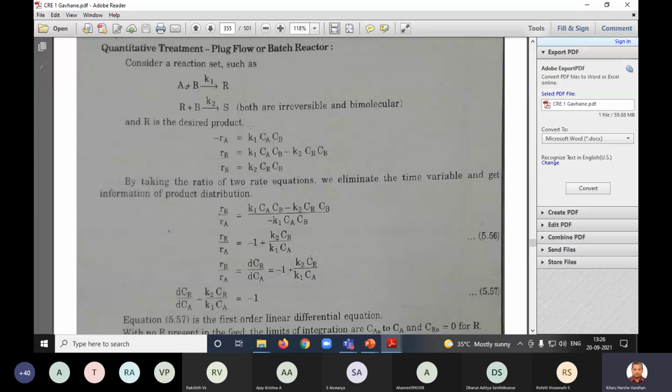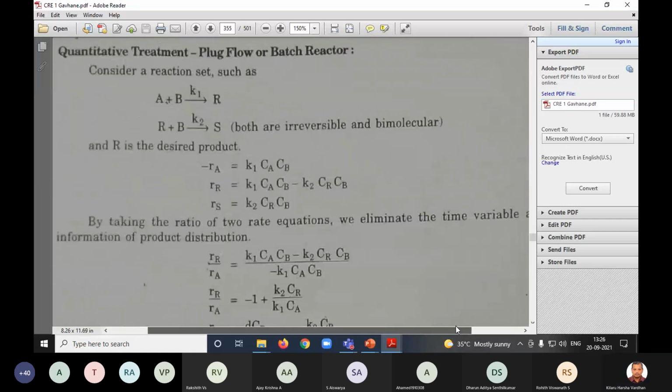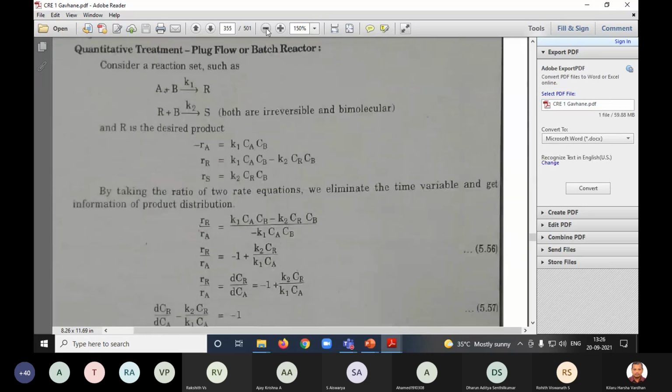So RA is K1CaCb. This is the rate of formation. Yeah. RR is K1CaCb minus RS, right?